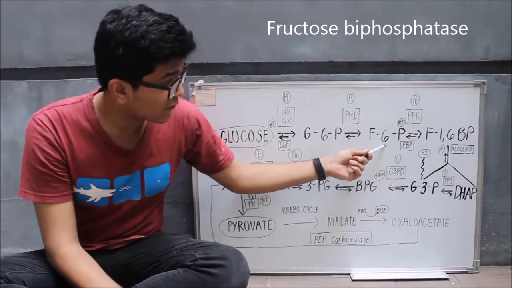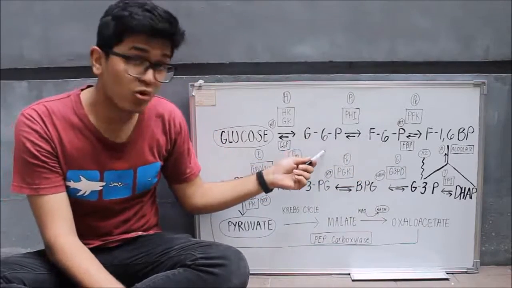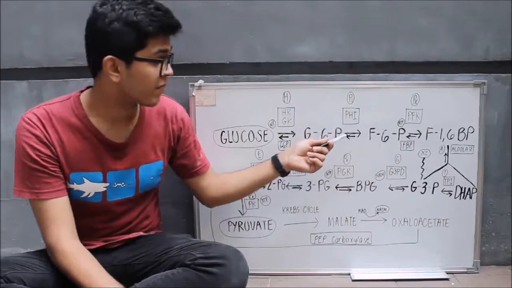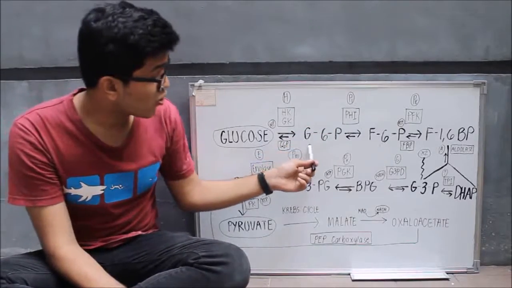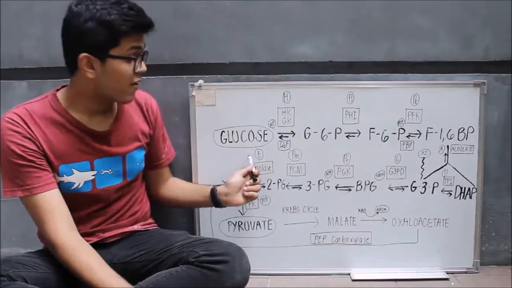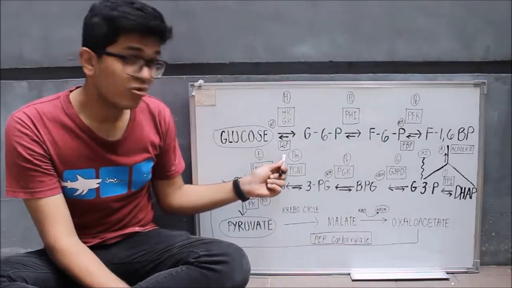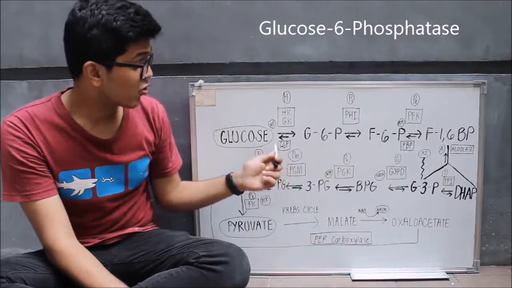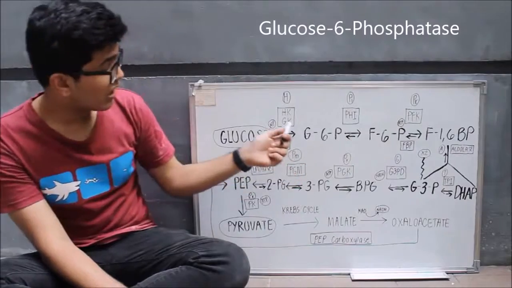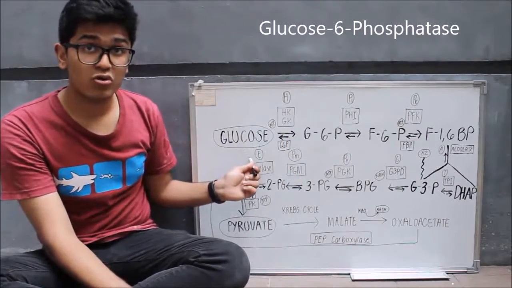And then fructose 6-phosphate would be converted to glucose 6-phosphate via phosphohexose isomerase. After this, glucose 6-phosphate would then be converted into glucose via the enzyme glucose 6-phosphatase. So glucose 6-phosphatase would react to glucose 6-phosphate so that it would be converted to glucose.